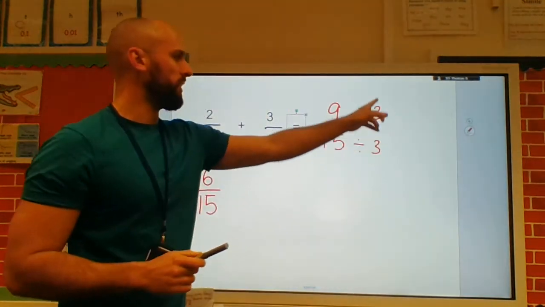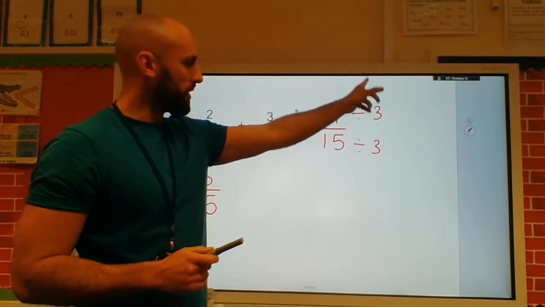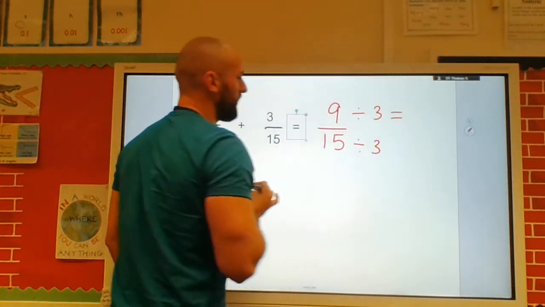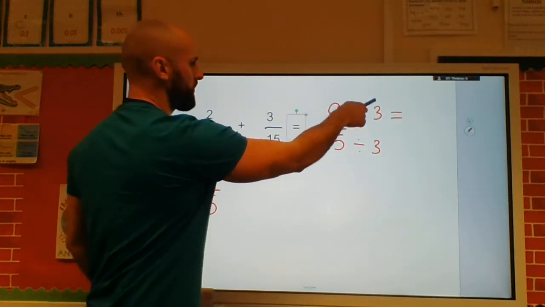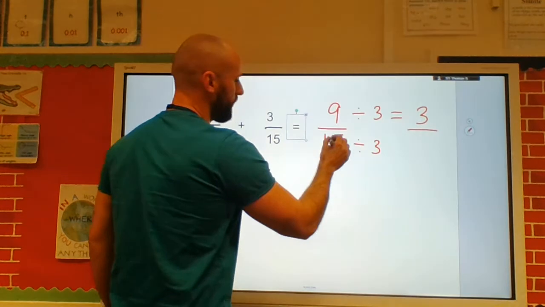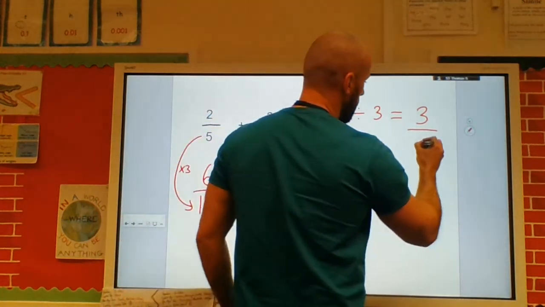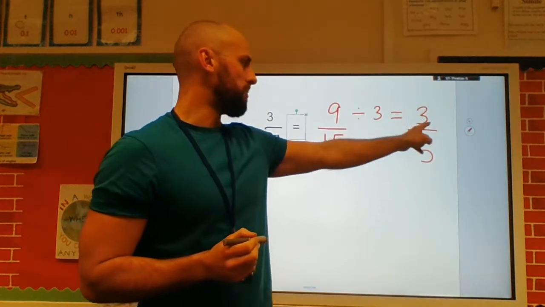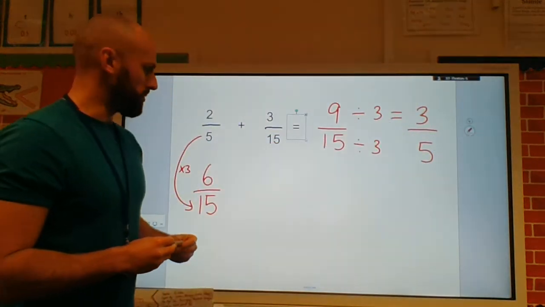You must divide them as well by the same number. It's got to be a common factor. Otherwise it won't be an equivalent fraction. 9 divided by 3 is 3. 15 divided by 3 is 5. I cannot simplify that anymore, so that one's been completed.